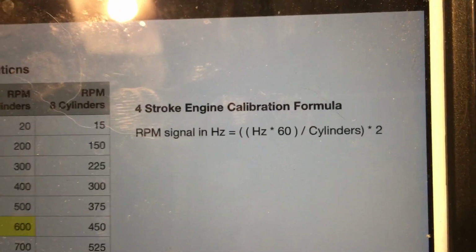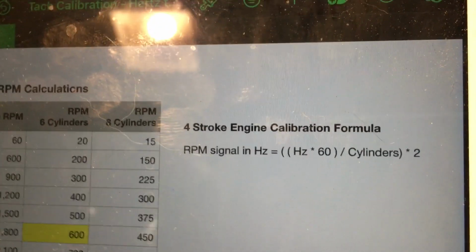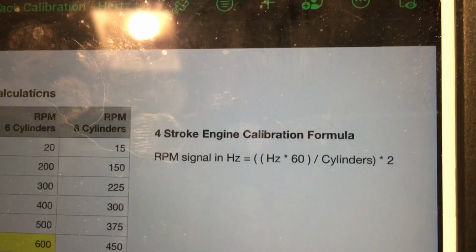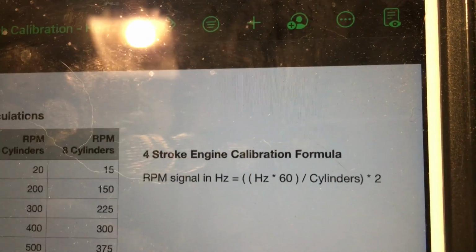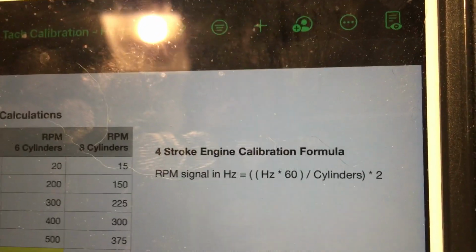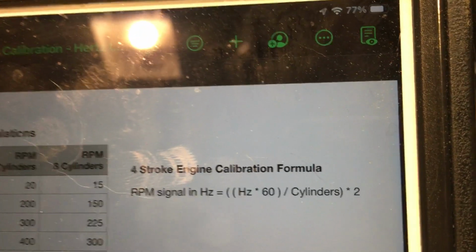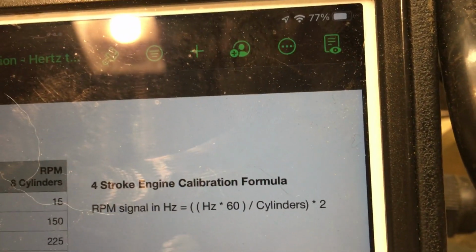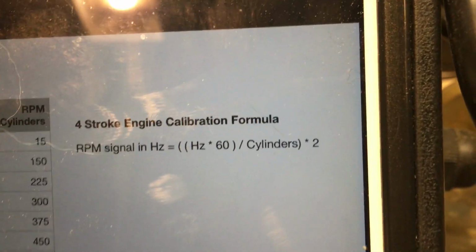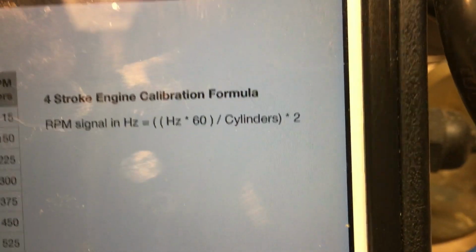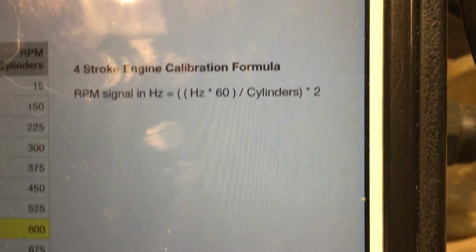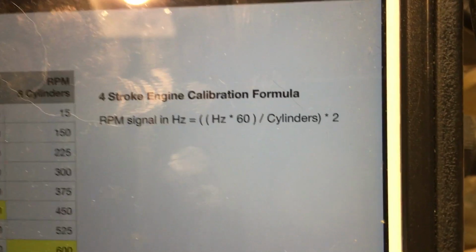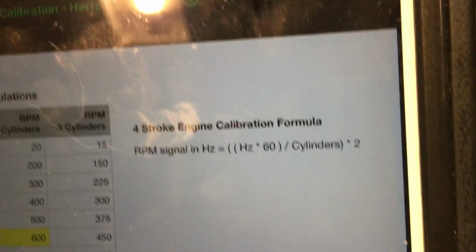To get back to top dead center on the compression stroke of cylinder 1, the engine's going to spin twice: first the compression, combustion, and then the exhaust, then the intake, and then the compression. So there's 4 cycles, but you're actually doing 2 full revolutions to get to where you're going to be firing again and have the tachometer read a full revolution.